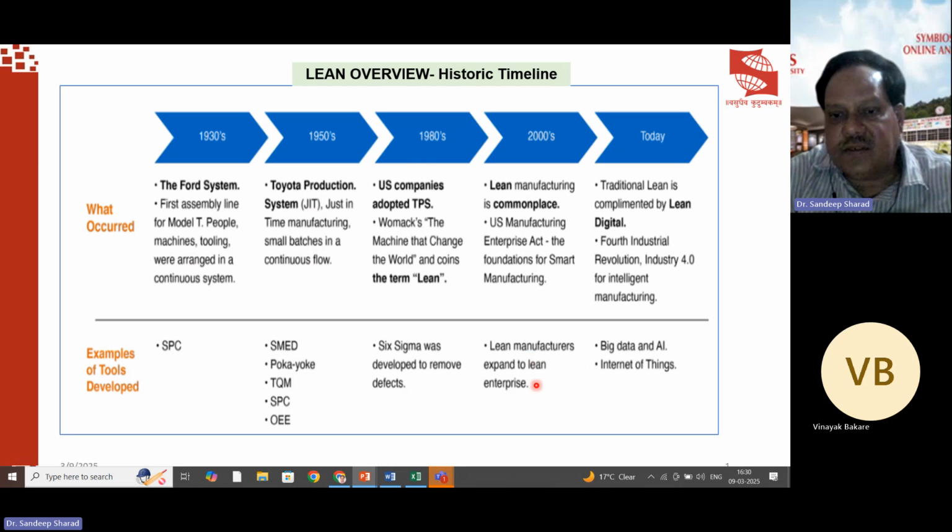Lean manufacturers expanded into lean enterprises, and tools have been developed. In today's scenario, lean is complemented by lean digital, the fourth industrial revolution, Industry 4.0, for intelligent manufacturing. Big data, AI and Internet of Things are being used in the manufacturing system and the supply system also.